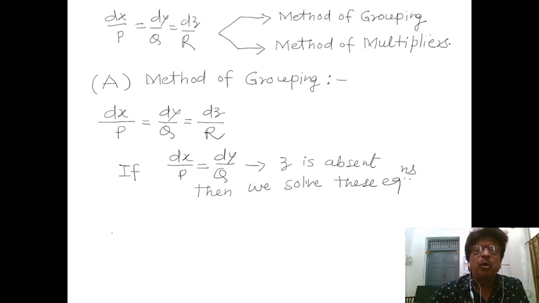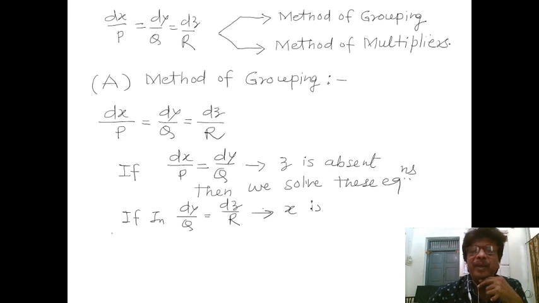The same logic holds for another pair of equations. Again, in dy upon capital Q equal to dz upon capital R, if the third variable, which is x over here, is absent, then we solve this. Very simple procedure.